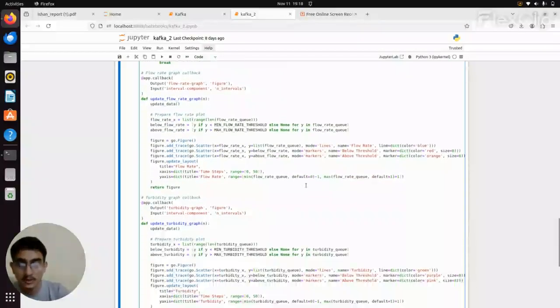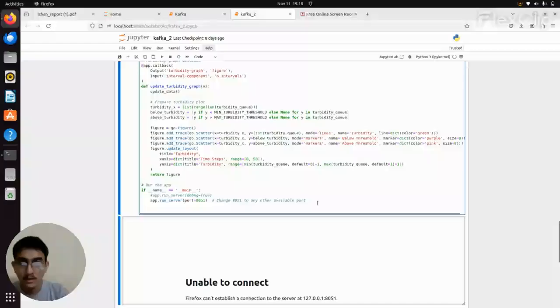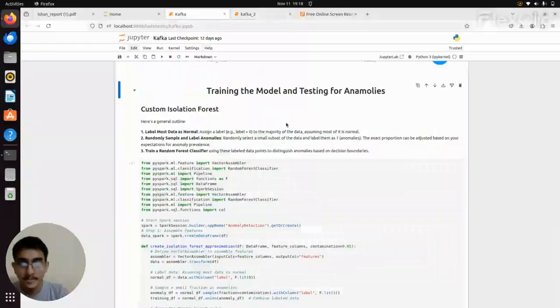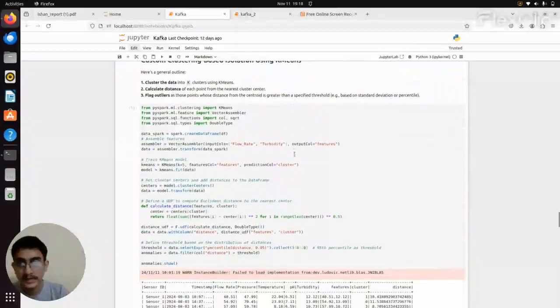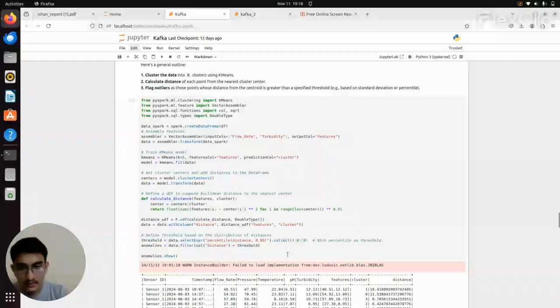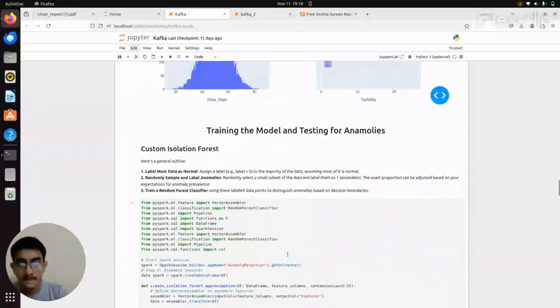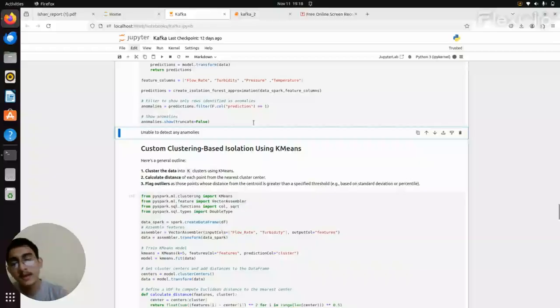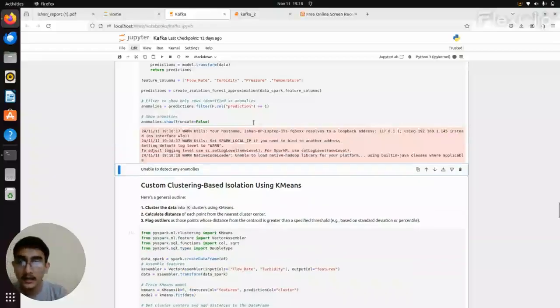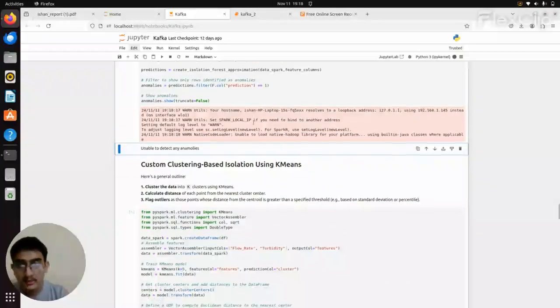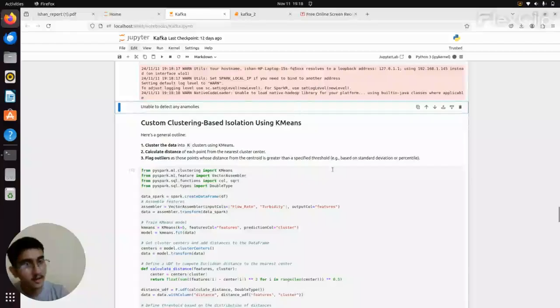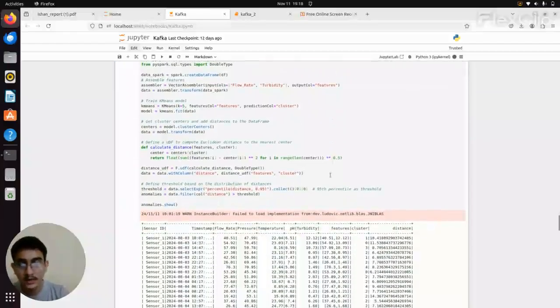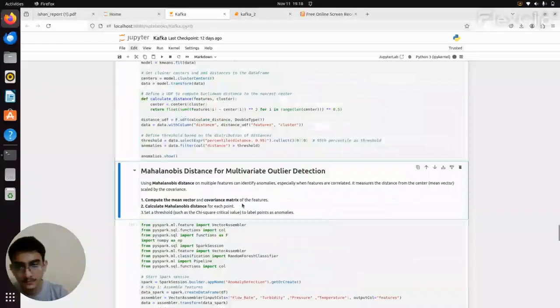This is done through this code. We train these models here, and I will also be sending these models to my other notebook because I want to use those models there. So through Kafka we can also send these models to another notebook.